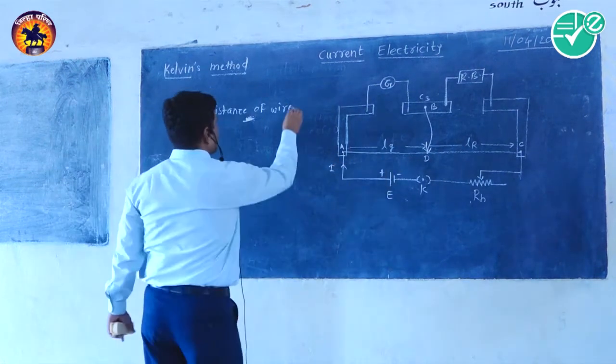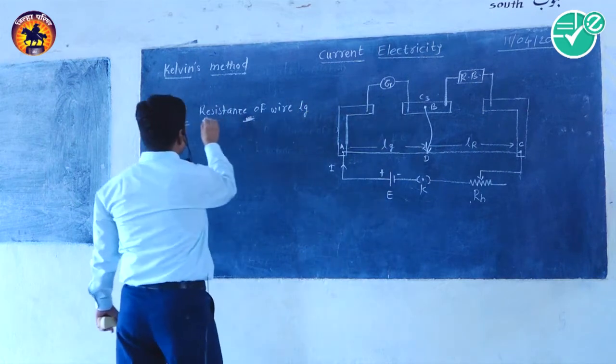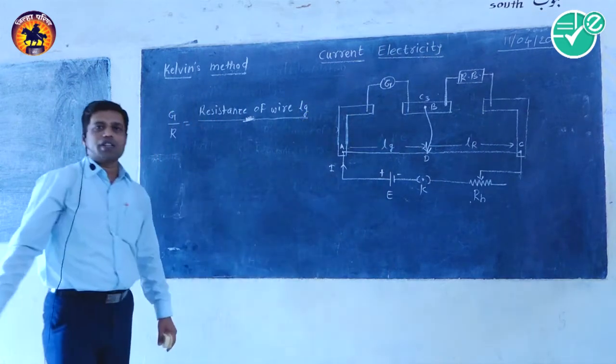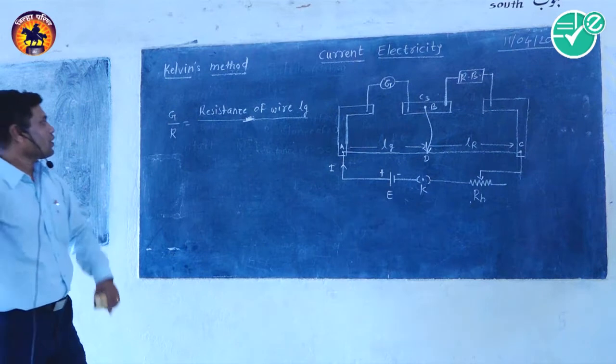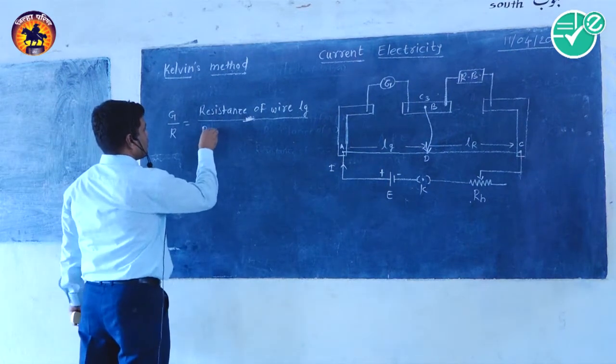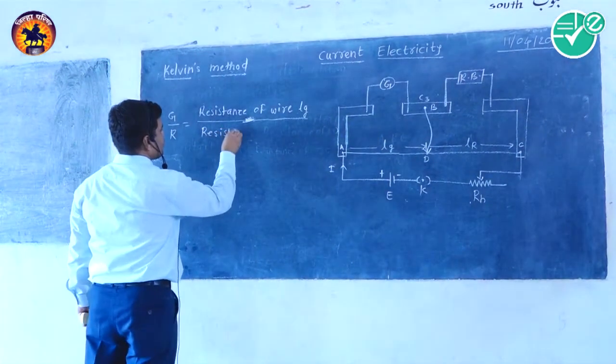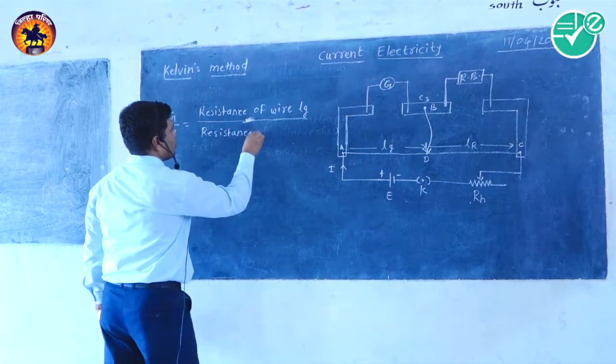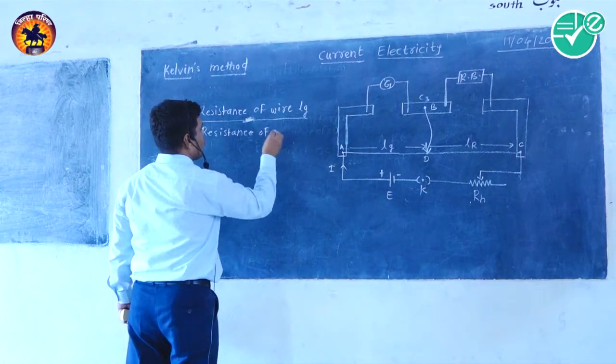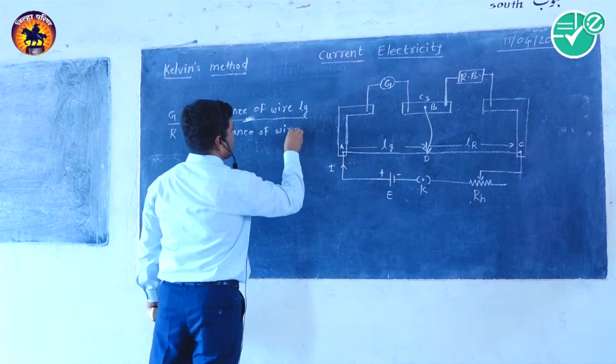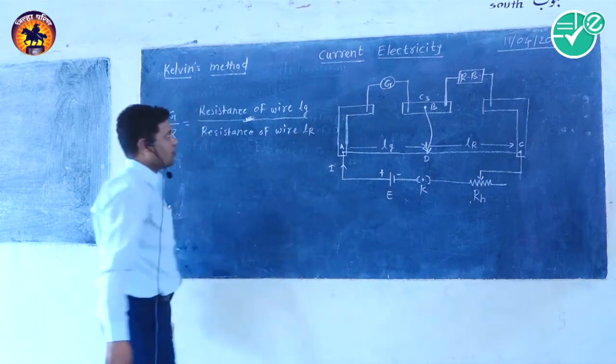divided by the resistance of wire LR. Resistance of wire having length LR.